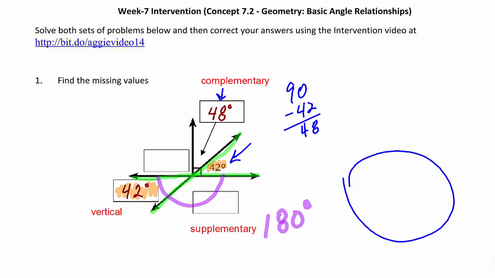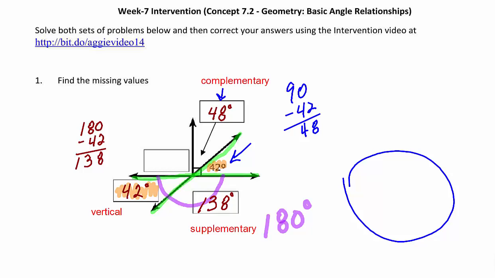So since that total is 180 degrees, and we already know this 42, if we take 180 degrees and subtract 42 degrees, we get, there's an 8, I had to borrow from that, so that's a 7, 3, 1. We get 138 degrees.